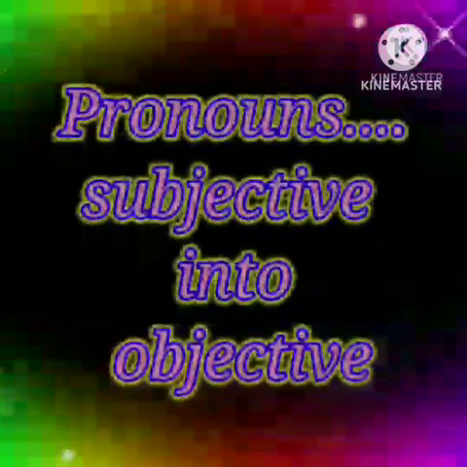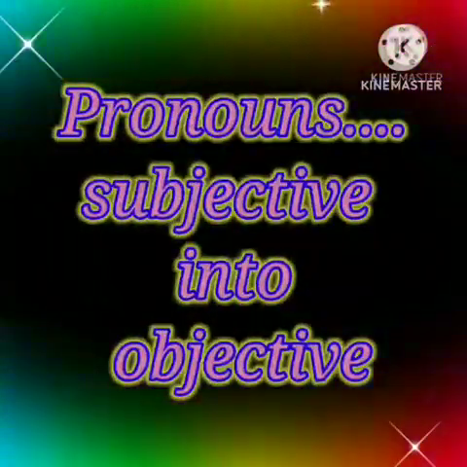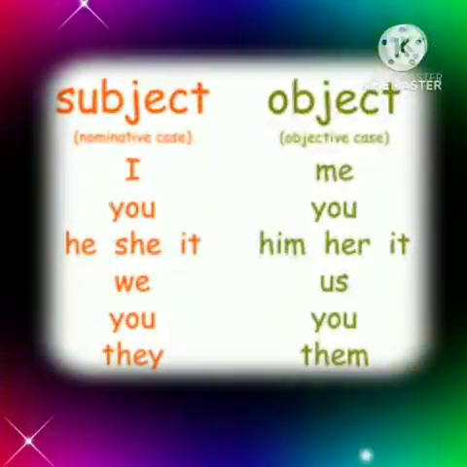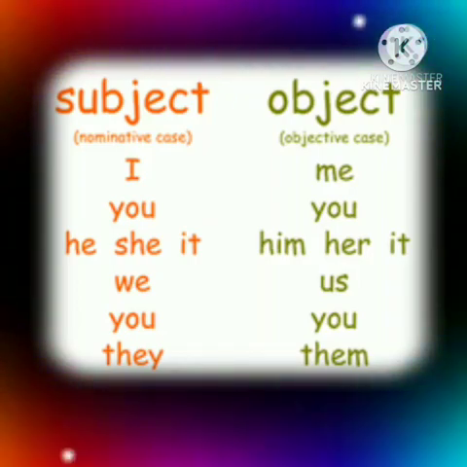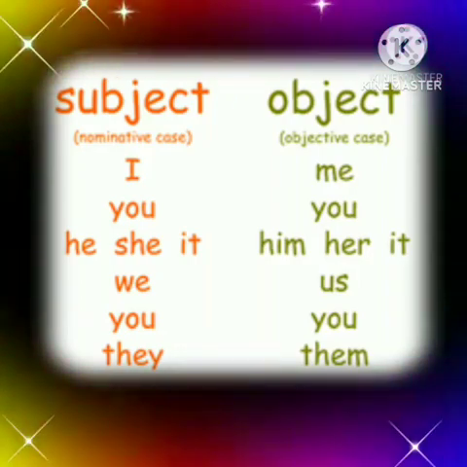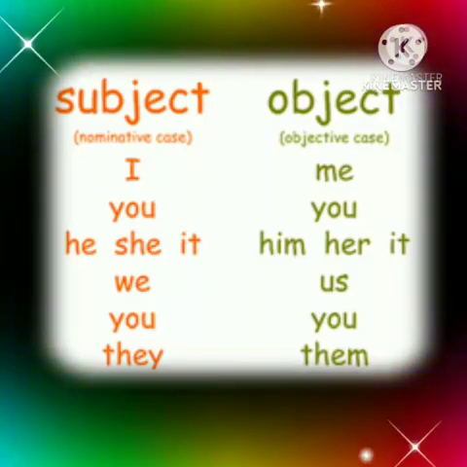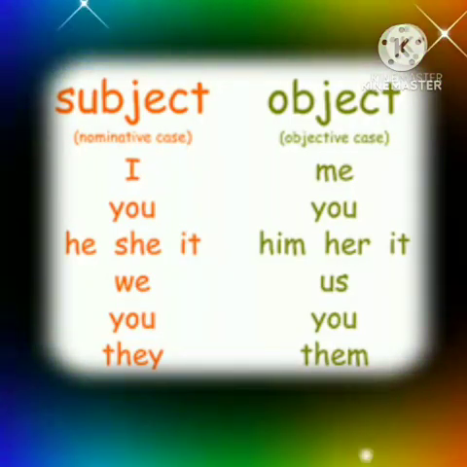So, we should use objective pronouns: I changes into me, we into us, you, they into them, he into him, she into her, it. You should have this in your mind.